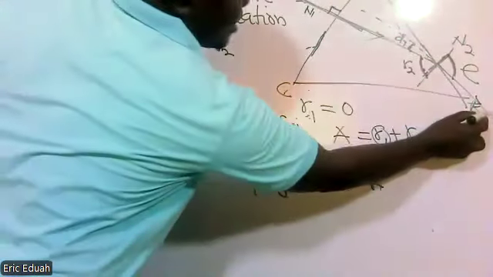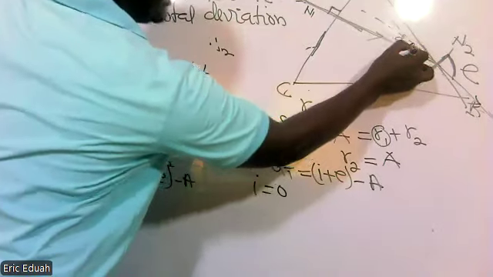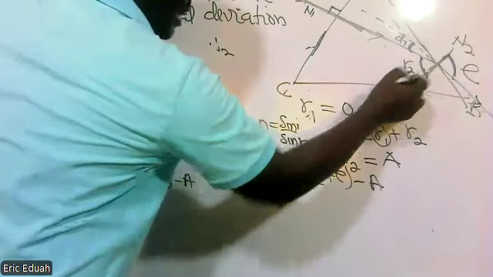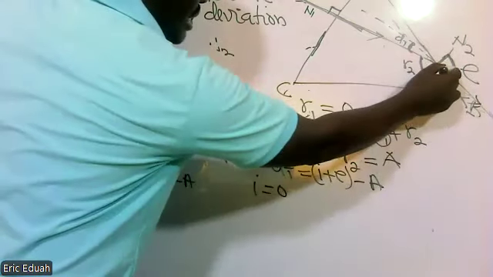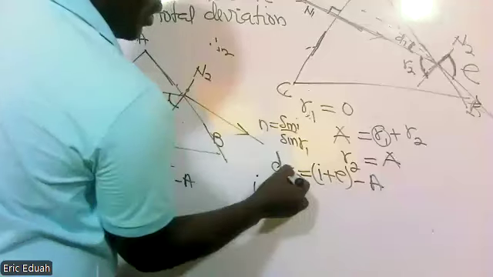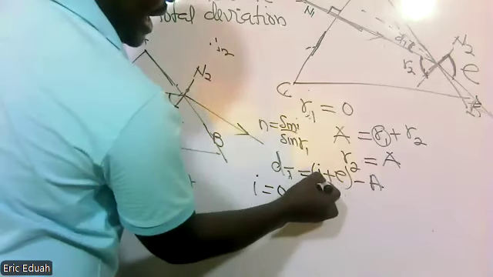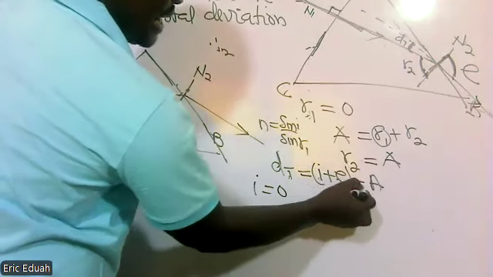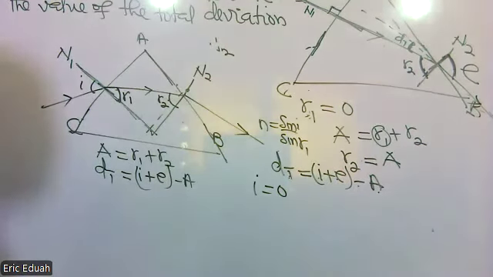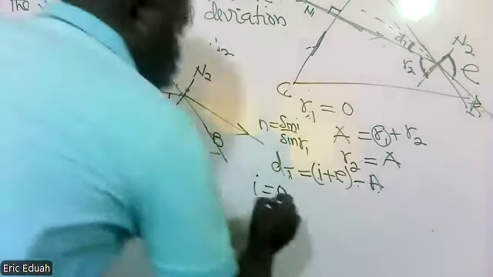And so when you extend this line, you get the deviation. So when you manage to determine E, then you can find the total deviation because I is 0. So dt will just be equal to E minus A. A is known. Now the question is, how do we determine E?